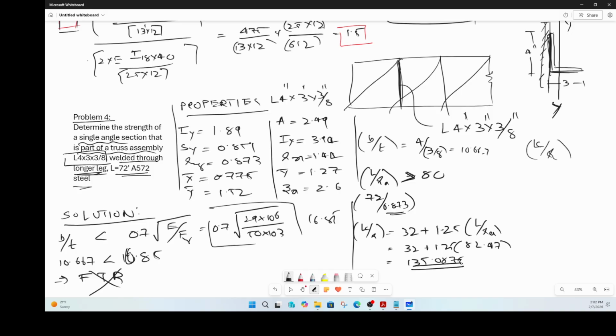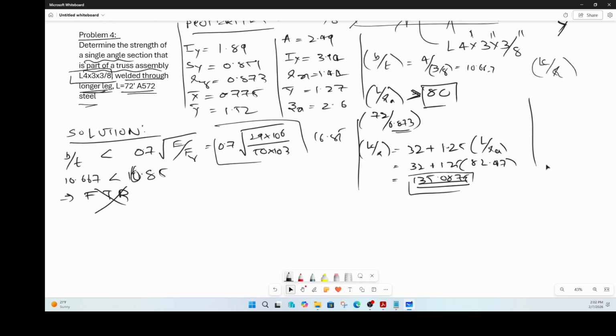This value is much higher than your L by RA value. That amplification is what we are using to account for the eccentricity effect, by amplifying this particular slenderness ratio.